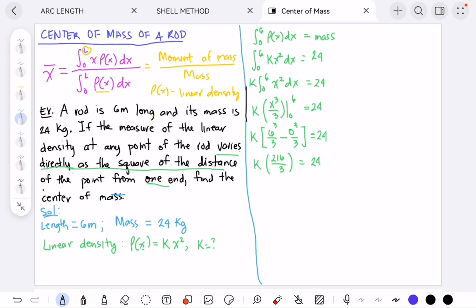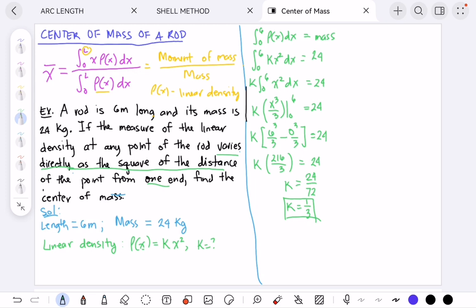And 216 over 3 is 72. So I have k times 72 equals 24, therefore k is 1/3. Okay, this is my k.